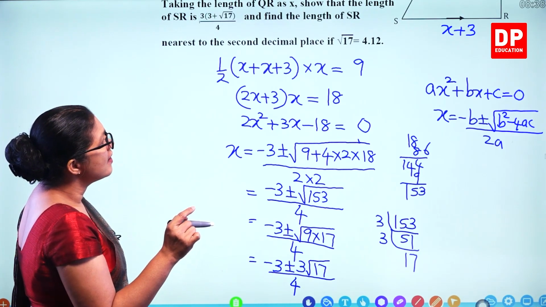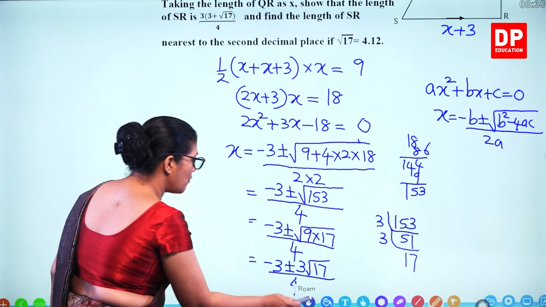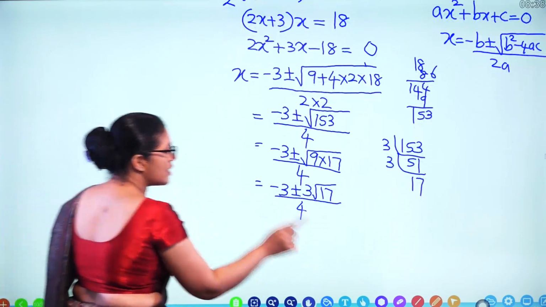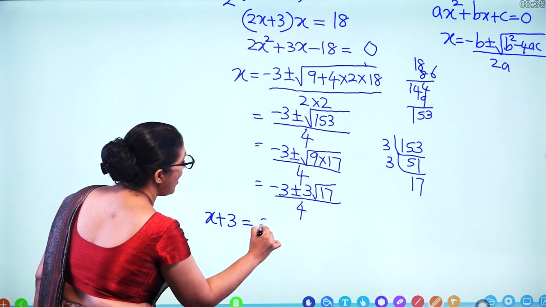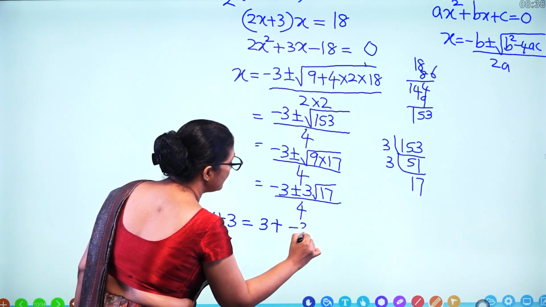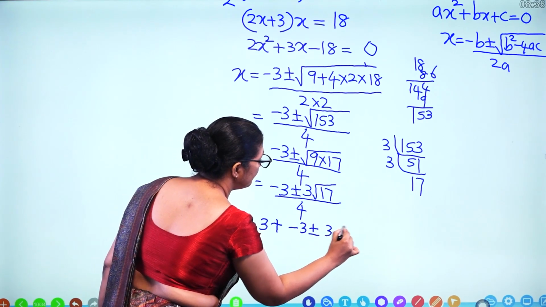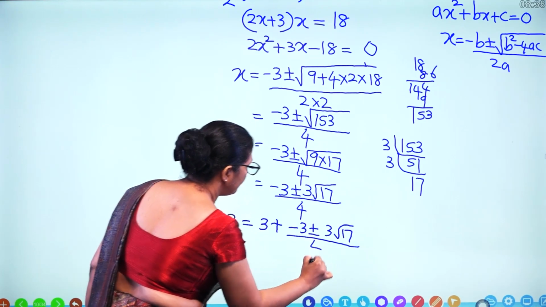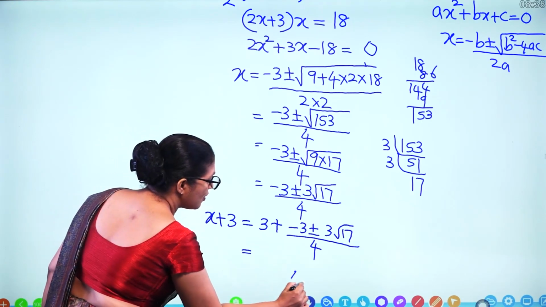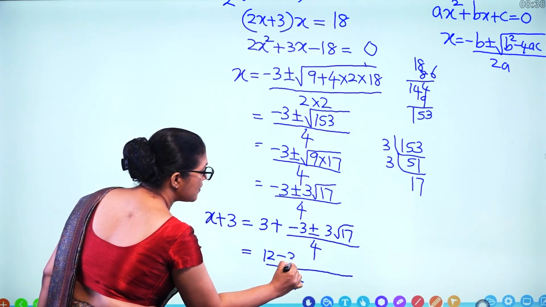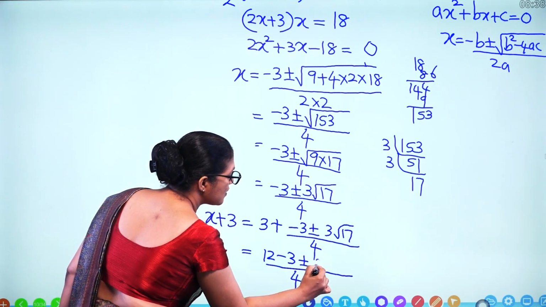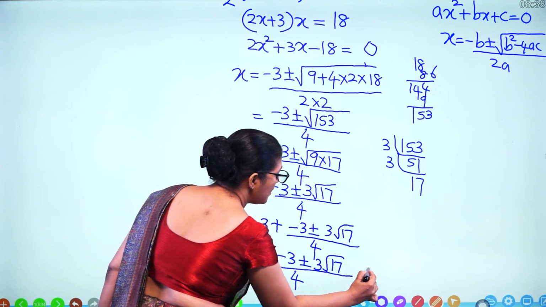What is SR? x plus 3. So we'll find out, this is x. What is x plus 3? You are adding 3 plus this value. So make the same denominator: 4 times 3, 12, minus 3 plus or minus 3 root 17.